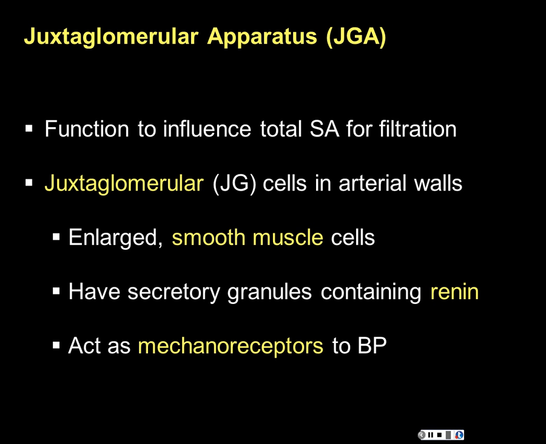Maybe you used it in literature or English classes, talking about juxtaposition. Juxta: adjacent or next to. So it's the apparatus next to the glomerulus. There are some specialized cells next to the glomerulus to regulate the glomerulus.